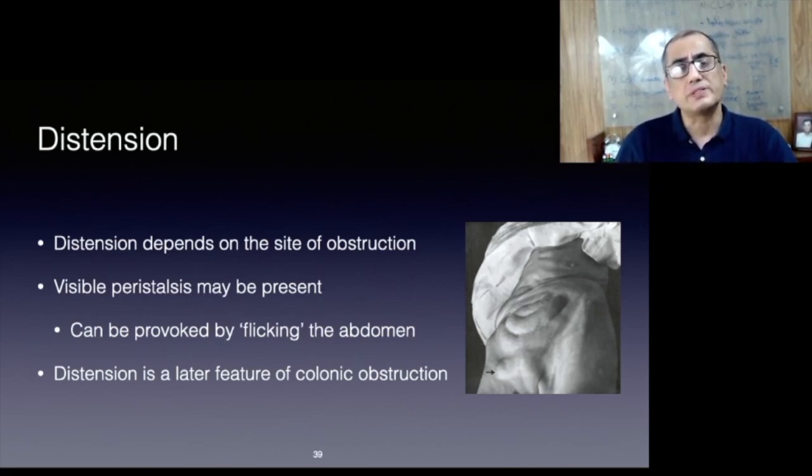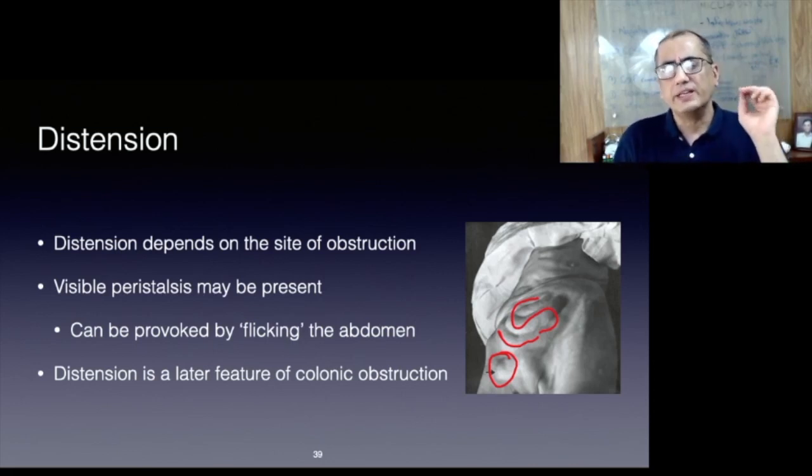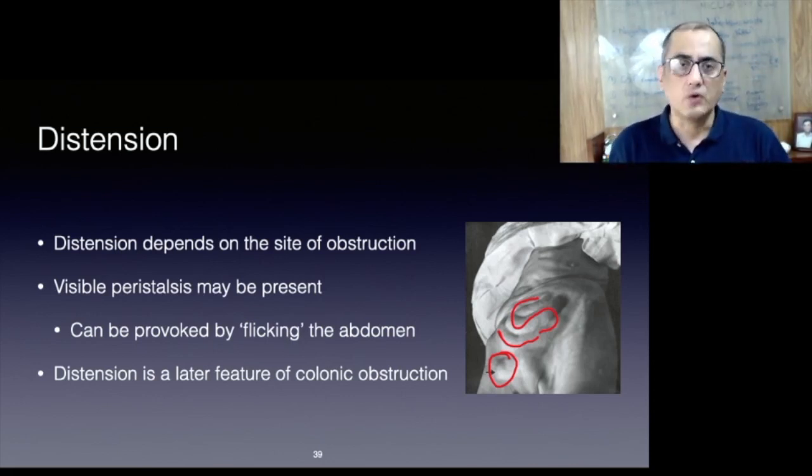Now, visible peristalsis may be present. So you can see this visible peristalsis in this classic diagram from Bailey and Love, and here is the lesion that has caused this visible peristalsis, that is a hernia. Now, this visible peristalsis can be provoked by flicking the abdomen. You just flick it with your finger. Distension is a later feature in colonic obstruction.